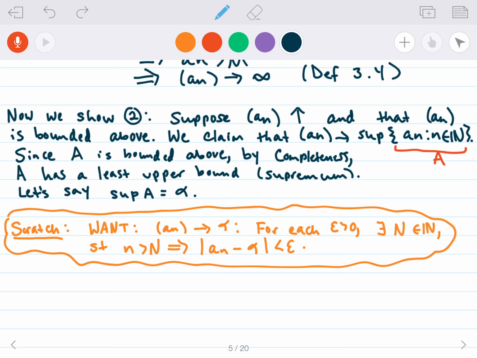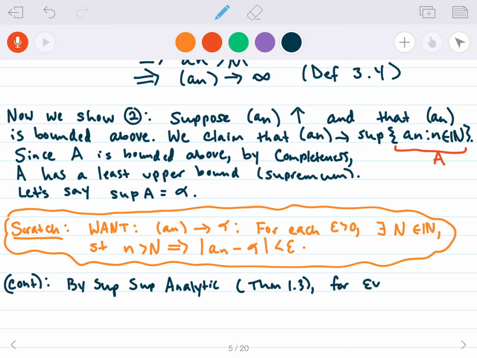All right, so here's the continuation of the proof. By the supremum analytic theorem, which in the notes I listed as theorem 1.3 (it's different in the textbook). So what did this say? This said that for every epsilon, there was something in the set.